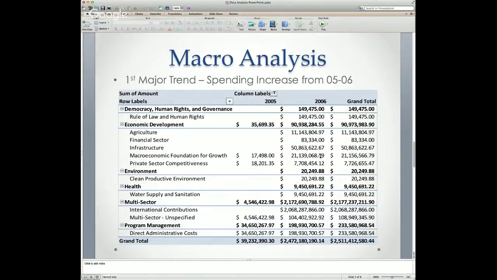So the first major trend, I want to talk a little bit about the macro analysis part of this. And the first major trend is the spending increase from 2005 to 2006. There are a few different options I could take. I wanted to keep this relatively simple, and there were three worksheets that were part of the spreadsheet, and they were planned, obligated, and spent.